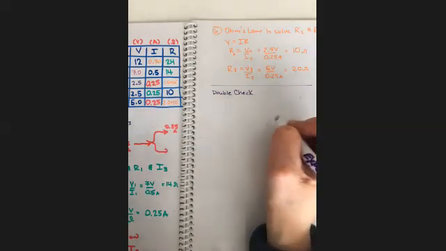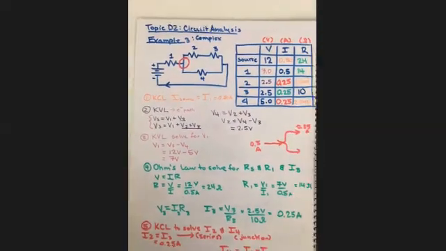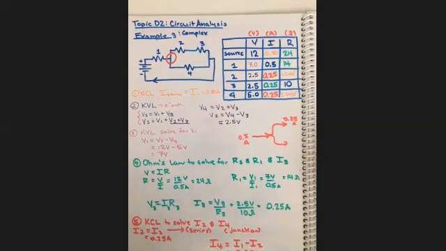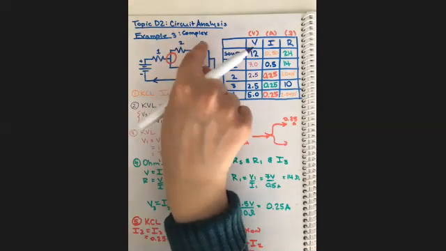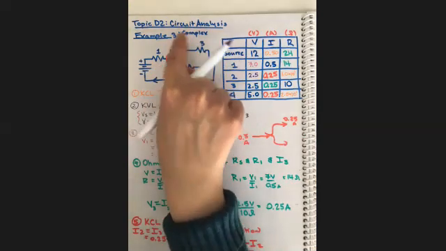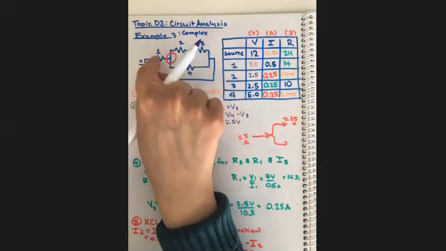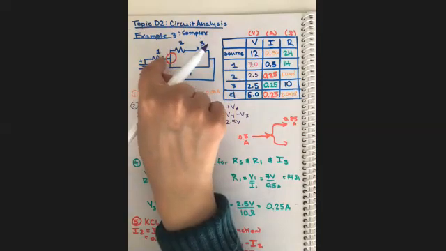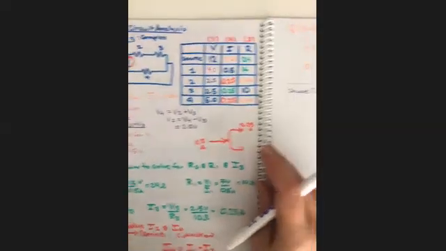So we have different layers that we have to unpack. We have to have an equivalent resistance for R23, then the equivalent resistance for the parallel circuit, then add that to the resistance for R1.